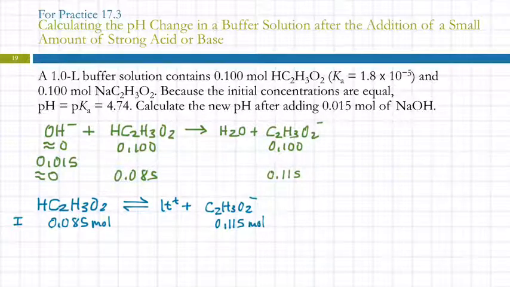Hydrogen ion is essentially 0. We've got our change, so we're going to be minus x, plus x, plus x.